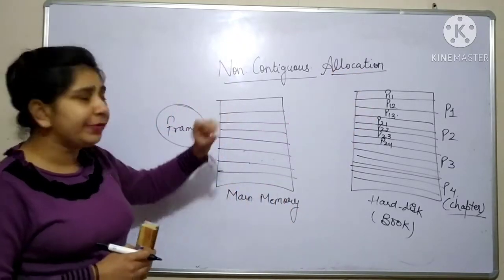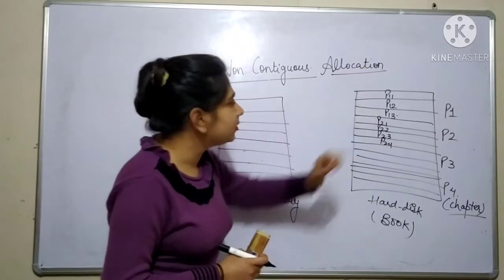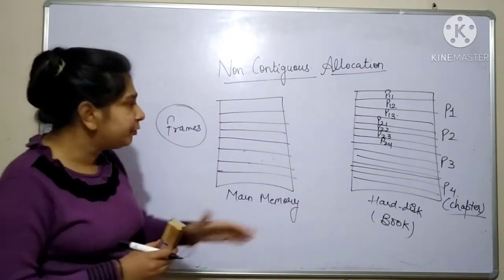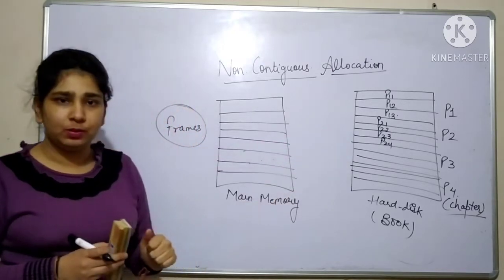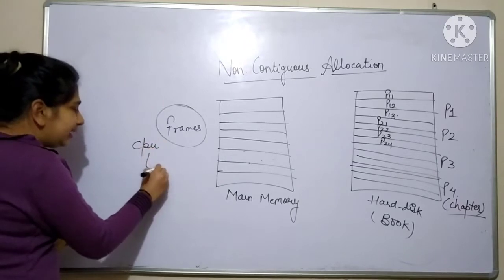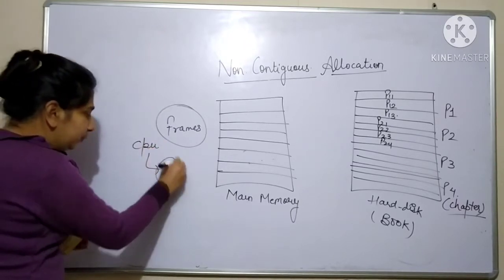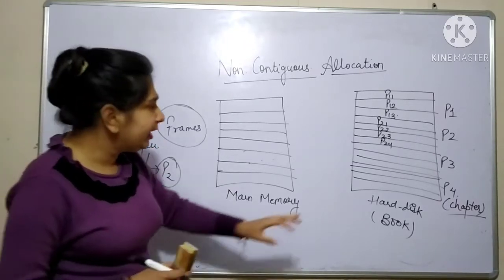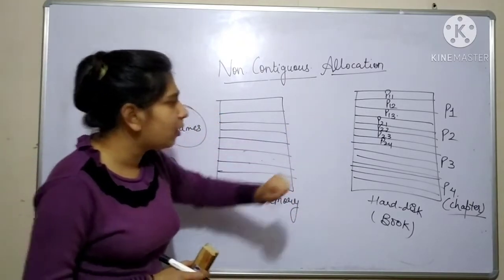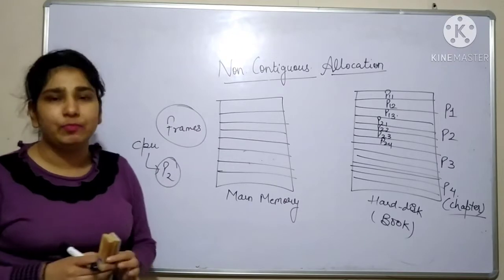If your CPU wants to execute process P2, you don't need to load the entire process, or all of the pages of your process, in the main memory.